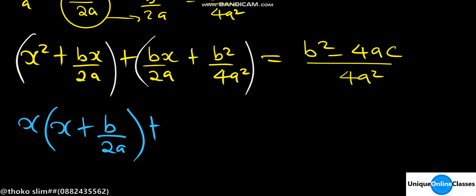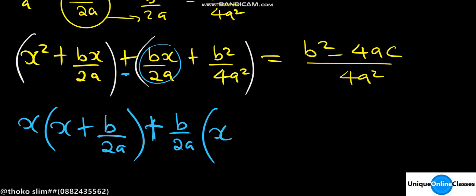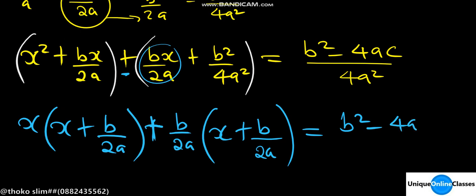Then the common factor in the second bracket, that's b over 2a, and if that one enters here, I will remain with x, and b into b square, that's b, 2a into 4a square, that's 2a, and here I have b square minus 4ac divided by 4a square.